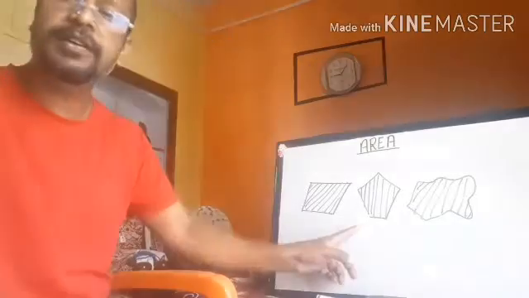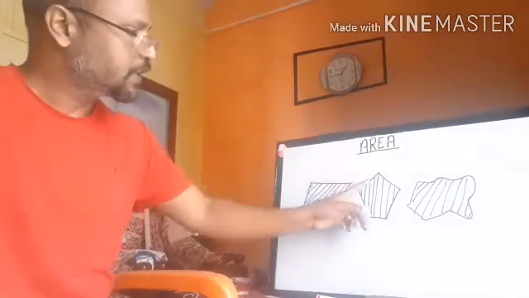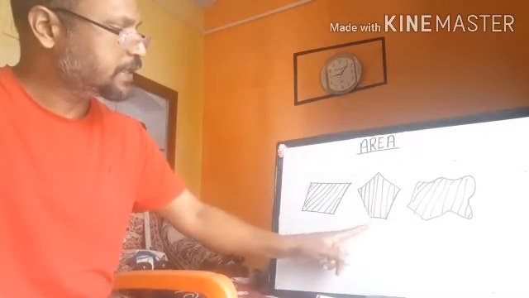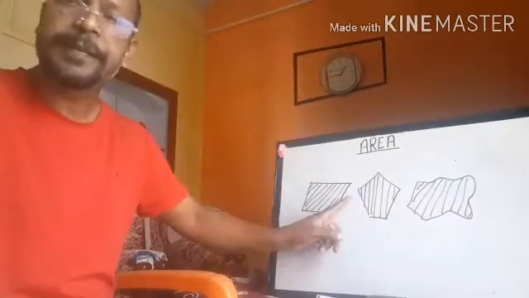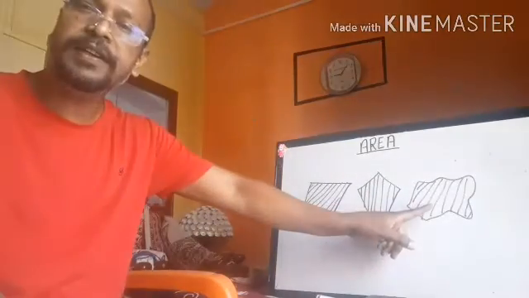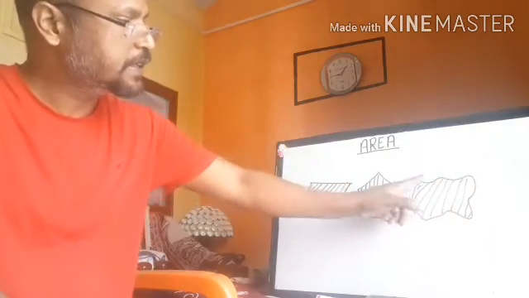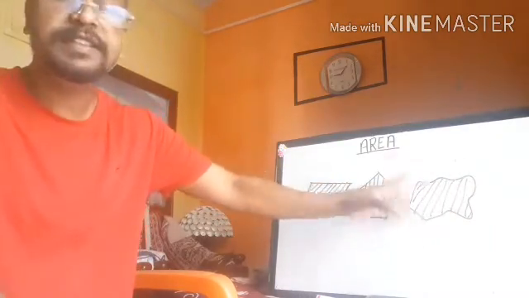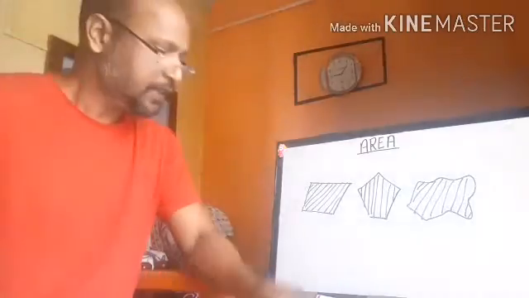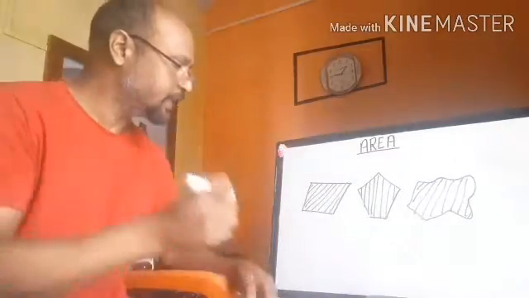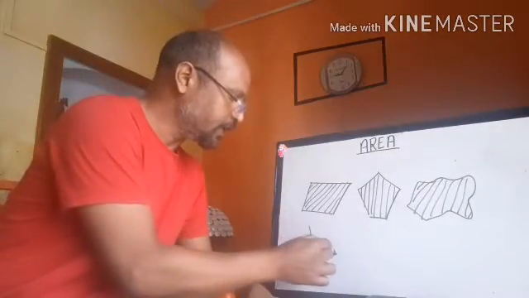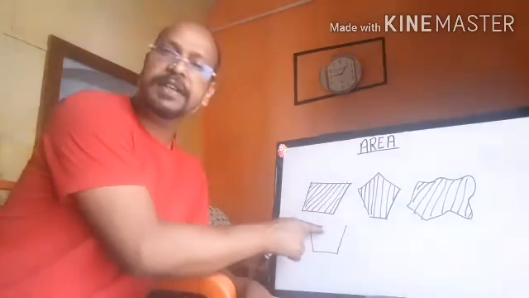Here is a pentagon, so the region that it occupies is its area. Here is an irregular figure, it's also closed, and the region that it occupies is called its area. Students, suppose there is a figure open from one side.